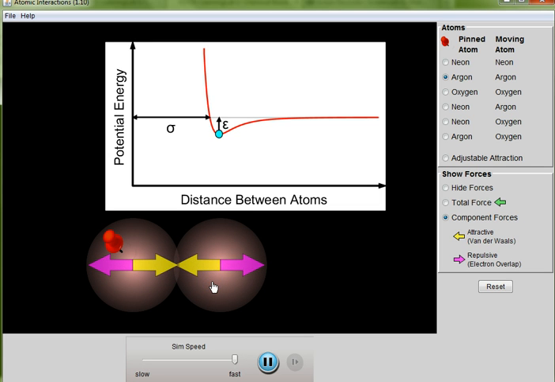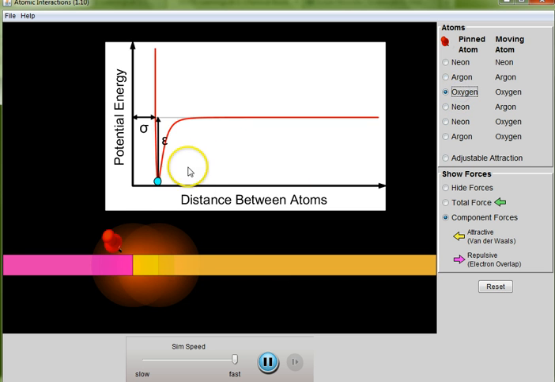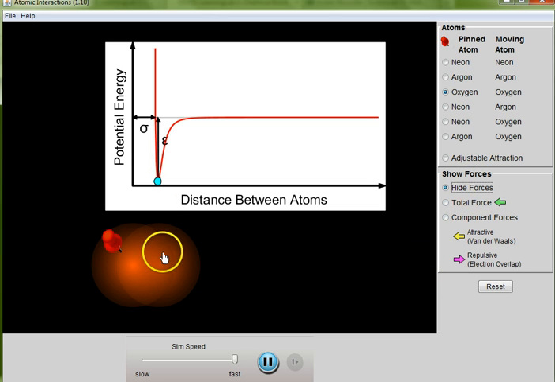Argon is right below neon in the periodic table, and as a result, argon is a larger atom, and because it's larger, there is slightly more overlap, but it's not as much. So you can compare oxygen. In oxygen, there is a huge drop in the potential energy, but in argon and neon, it's not.